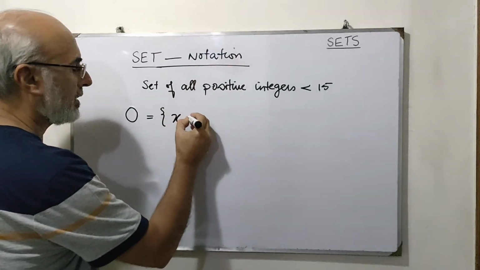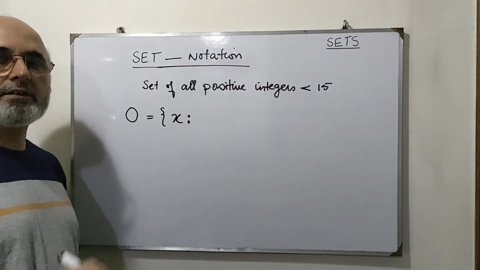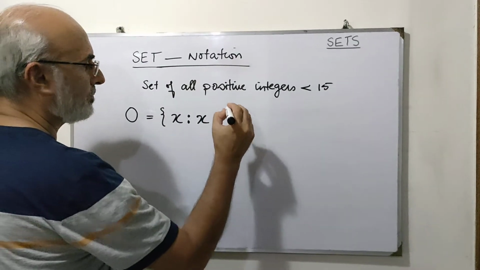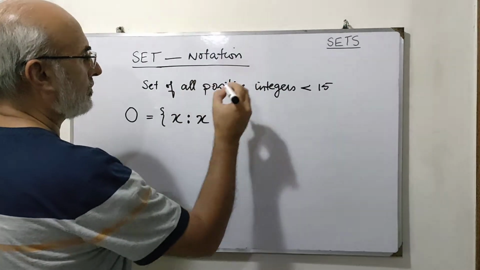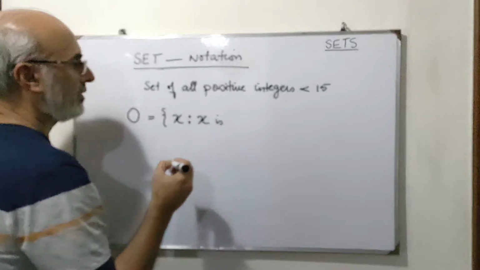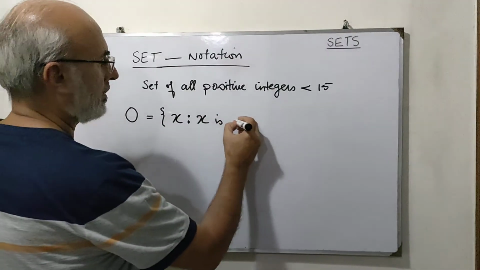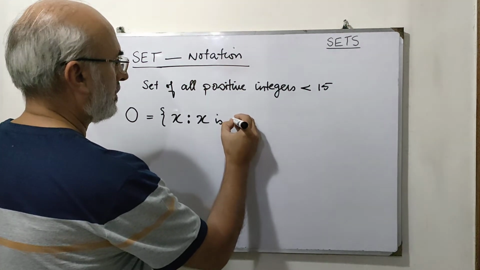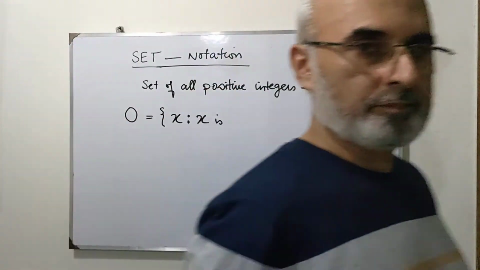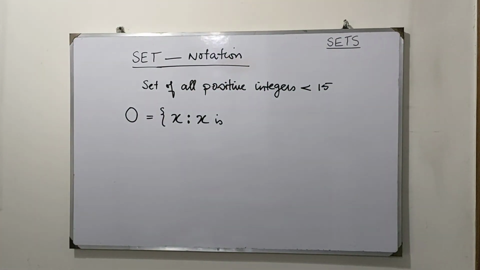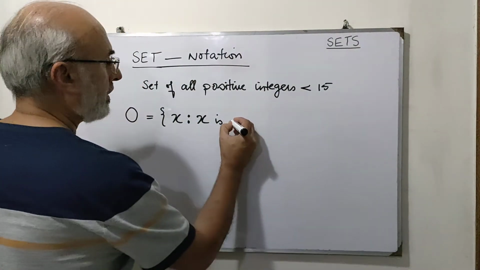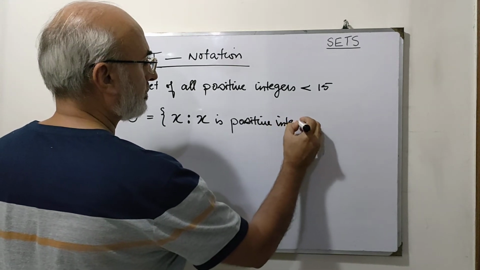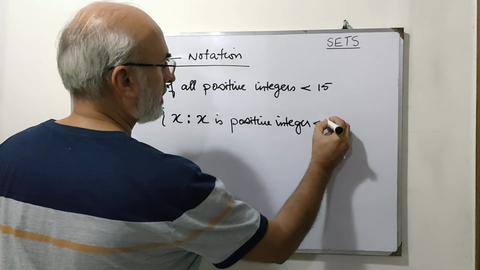So {x : x is a positive integer less than 15}.